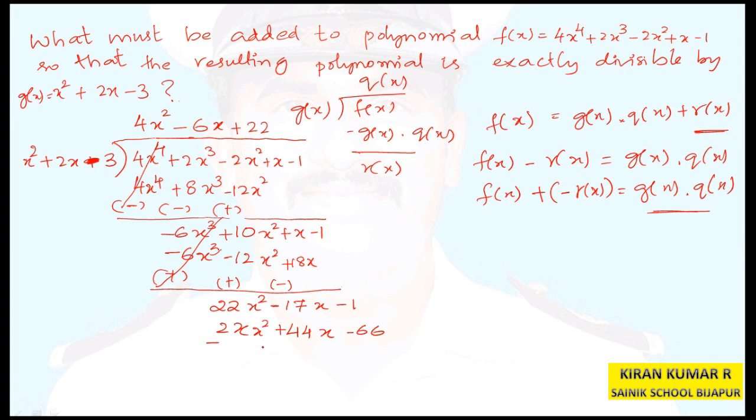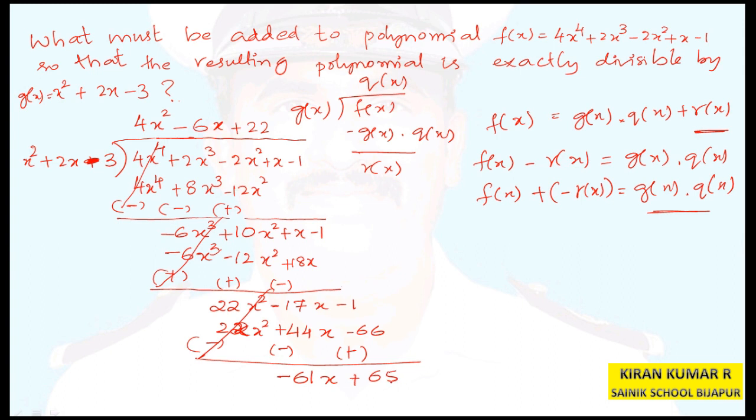Once again change the sign. The first term is 22x square, cancel. Minus 17 minus 44. The resulting number is minus 61x plus 65.